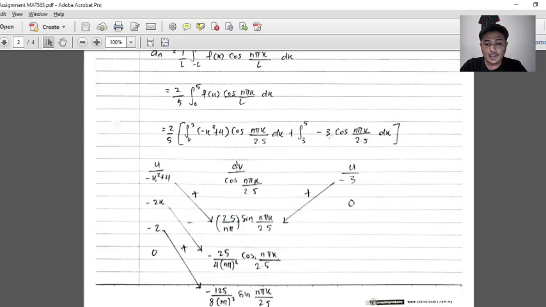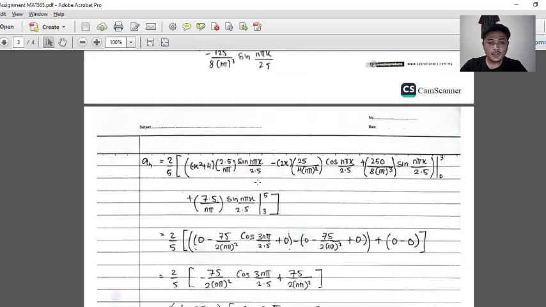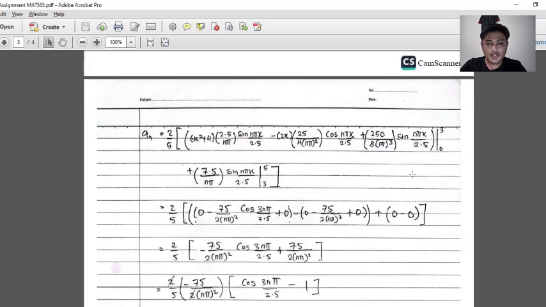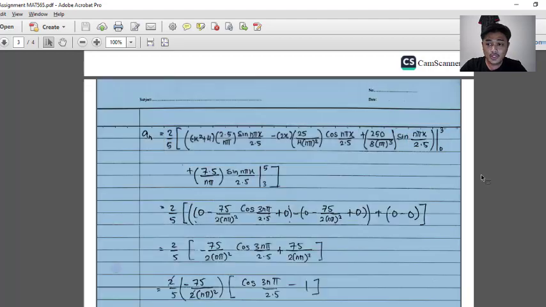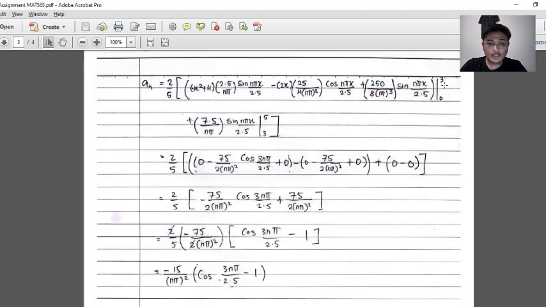At the right side, we put -3, and we differentiate the u, and we integrate the cos n pi x over 2.5. Then after integrate, we enter the answer in this equation. Then we replace 3 and 0 in this equation, and also 5 and 3 in the x of the equation. And then we got the final answer, this one is the final answer of an.